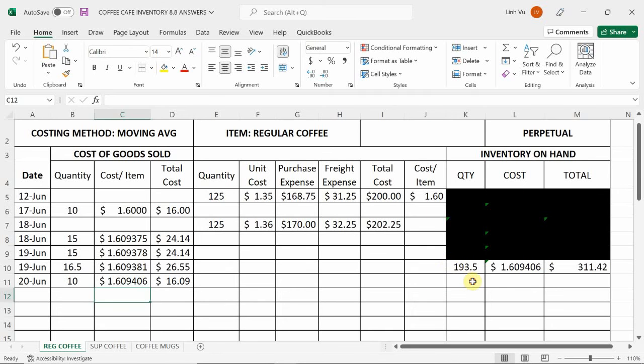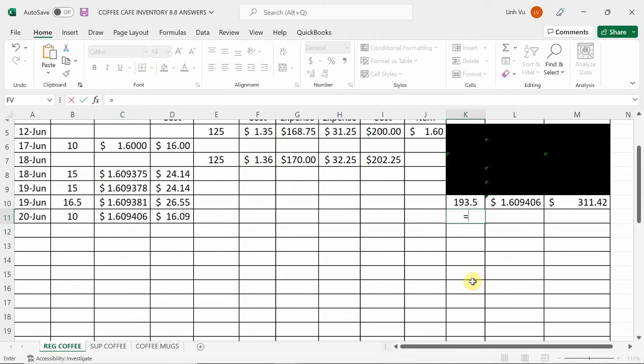So let's update my inventory. If I just sold 10 pounds, how many pounds should I have left? 183.50. Okay. What's my new total cost?